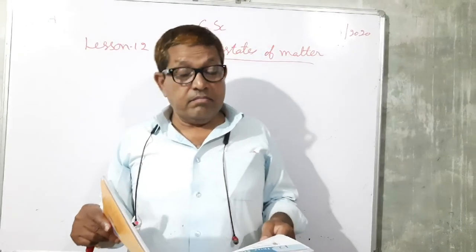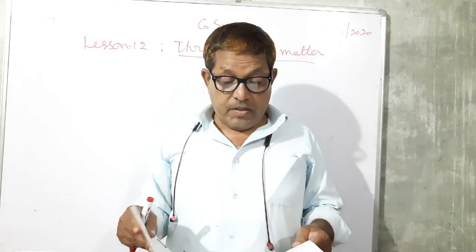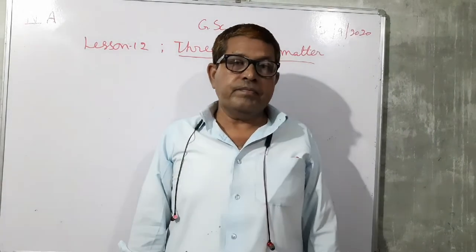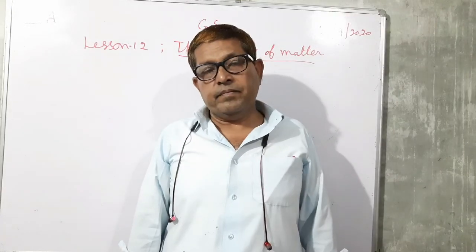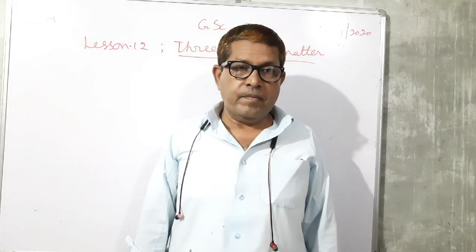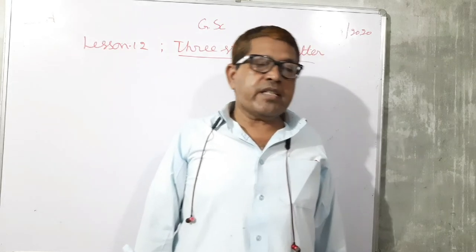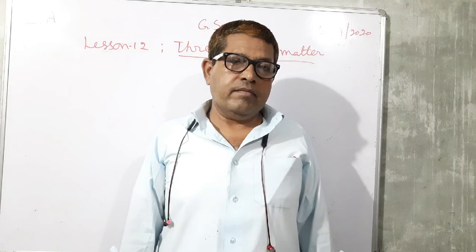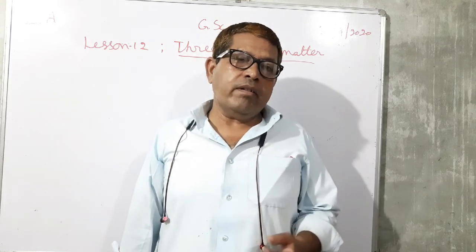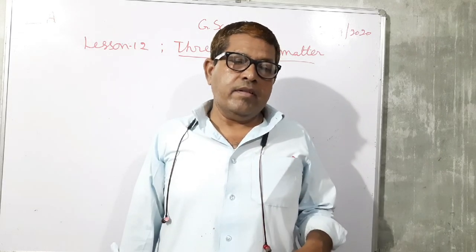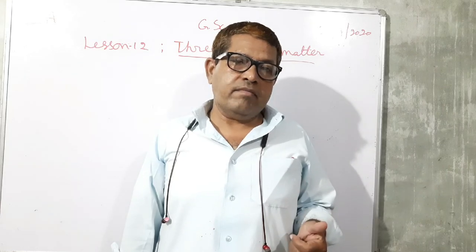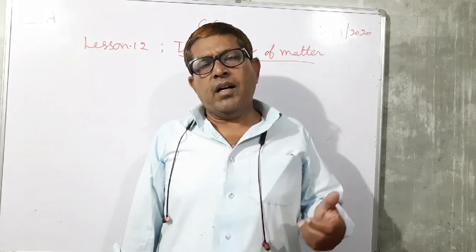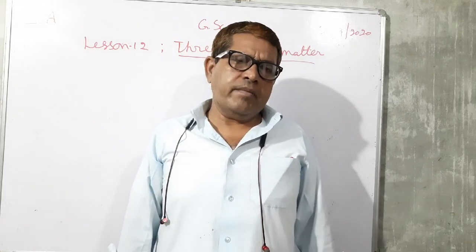I told you about matter: anything that has mass and occupies space is called matter. The table is matter. The chair is matter. There are so many examples of matter.